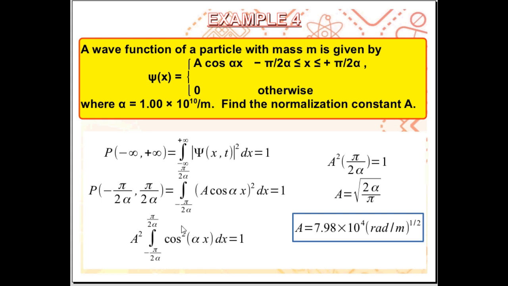Integrating from negative pi over 2 alpha to pi over 2 alpha, we get A squared times pi over 2 alpha is equal to 1. Isolating, we get A to be the square root of 2 alpha over pi, or 7.98 times 10 to the 4th power square root of radians per meter.